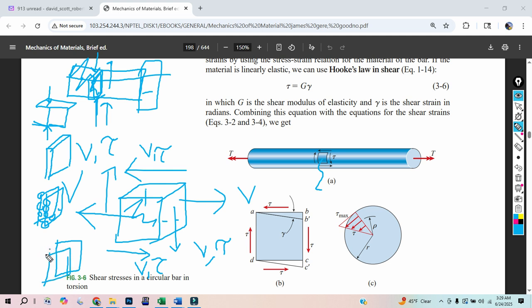So then you have the molecules in this phase. So that is what's happening.